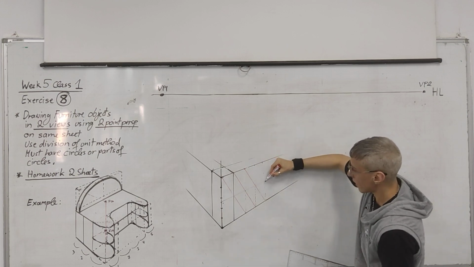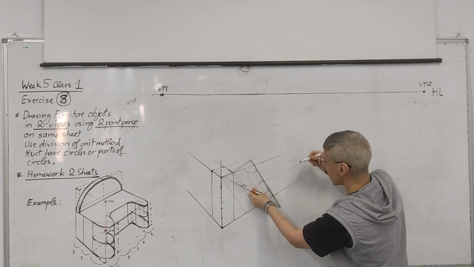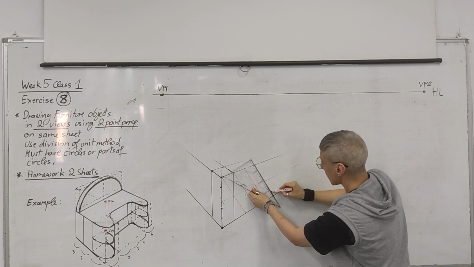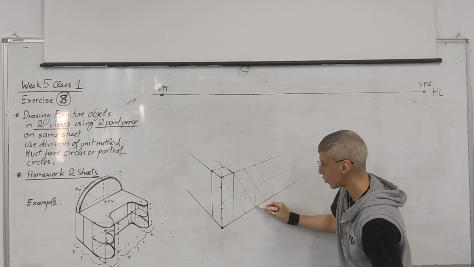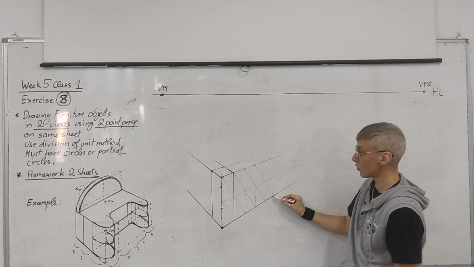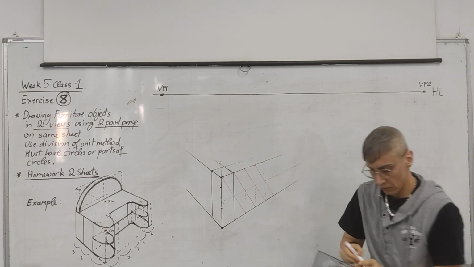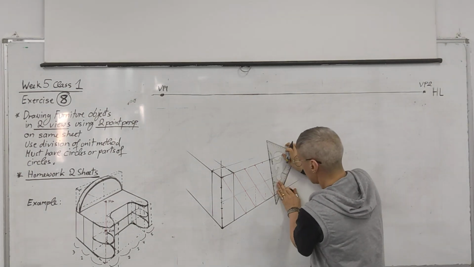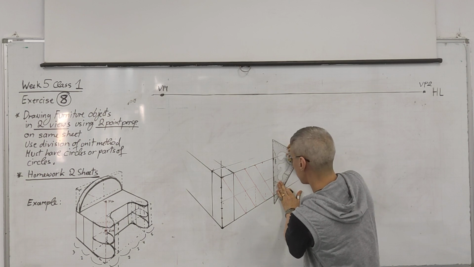So from this point now through this corner, how many do we have? 1, 2, 3, and this is number 4. So this one here we need it. This is what we need.